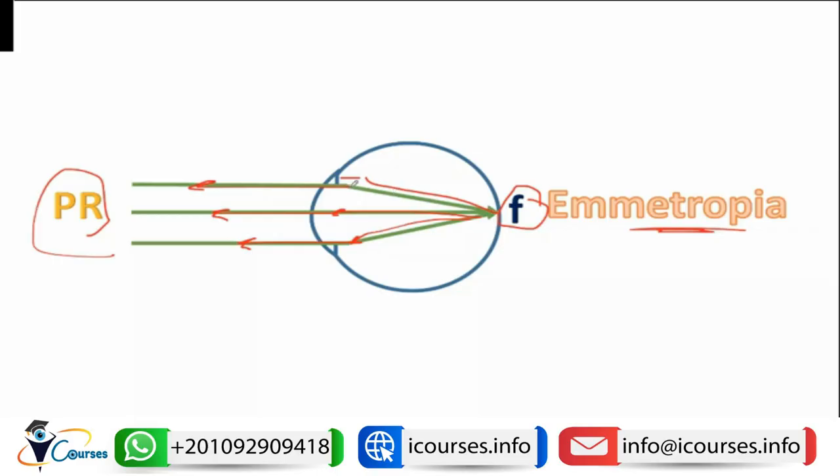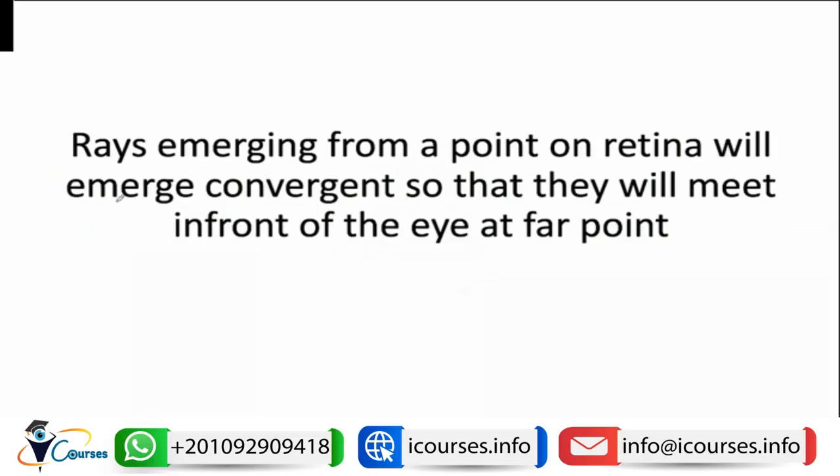These divergent rays will be made parallel by the cornea and the lens. And now these rays will not come to a focus, but they will come to the punctum remotum. So light rays emerging from a point on the retina will emerge convergent, so that they will meet in front of the eye at the far point.